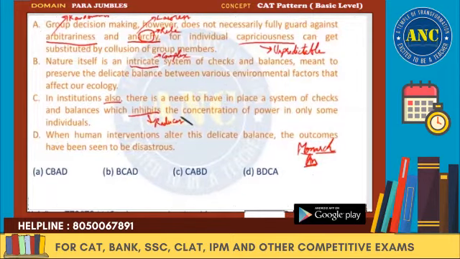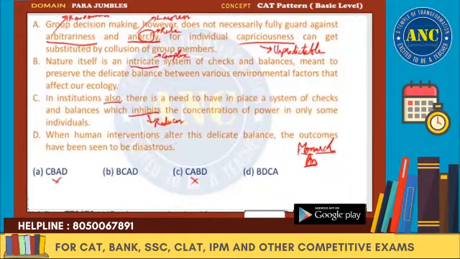So when you say in institutions also, that means somewhere else as well this should have happened. And we see that in B he is introducing the topic of having checks and balances. So you know that C can only occur after B and C cannot occur before B. Therefore the first two options can be ruled out. Now let's look at the other sentences to see what should come where.